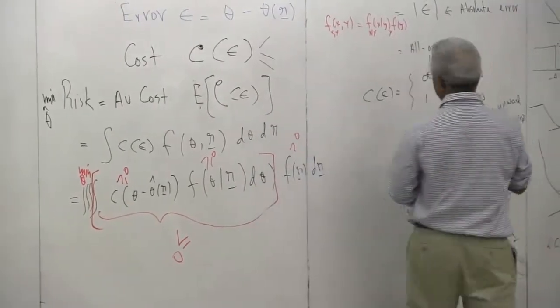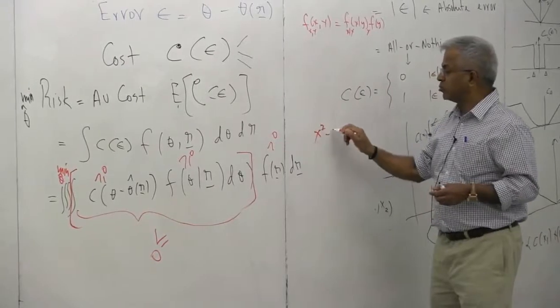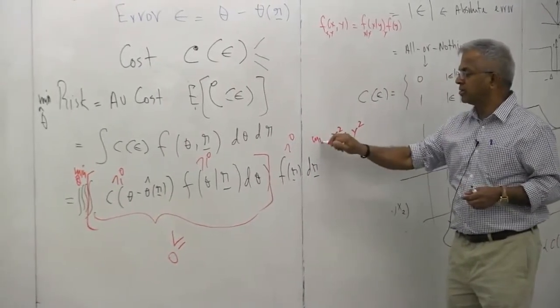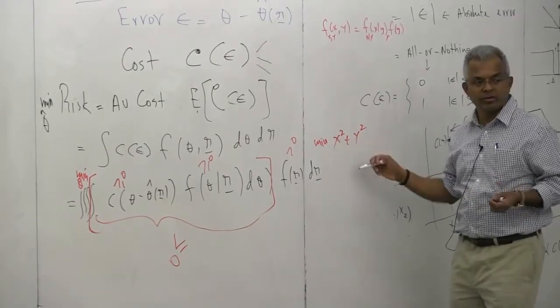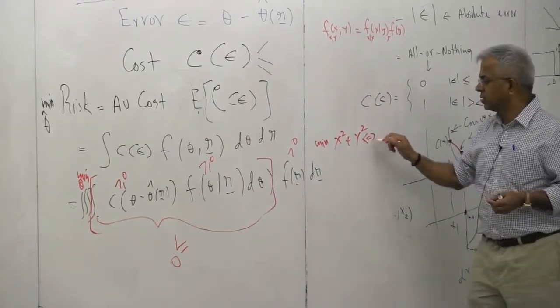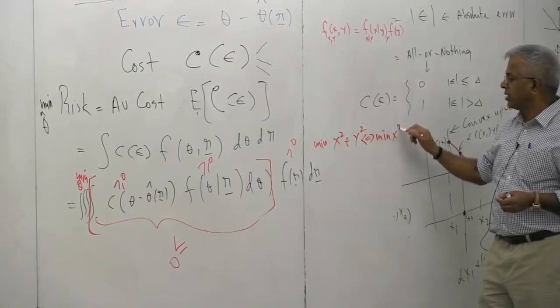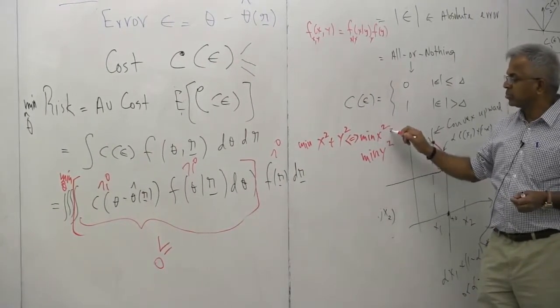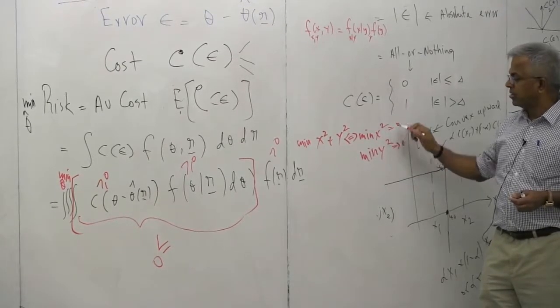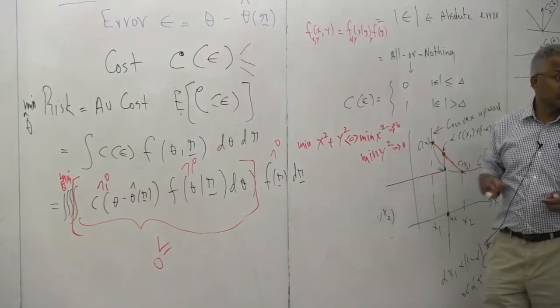It's like saying, if you have x squared plus y squared, you have to minimize each of them. Minimizing this is the same as minimizing x squared and minimizing y squared separately. Minimizing x squared leads to 0, minimizing y squared leads to 0 as the answer.